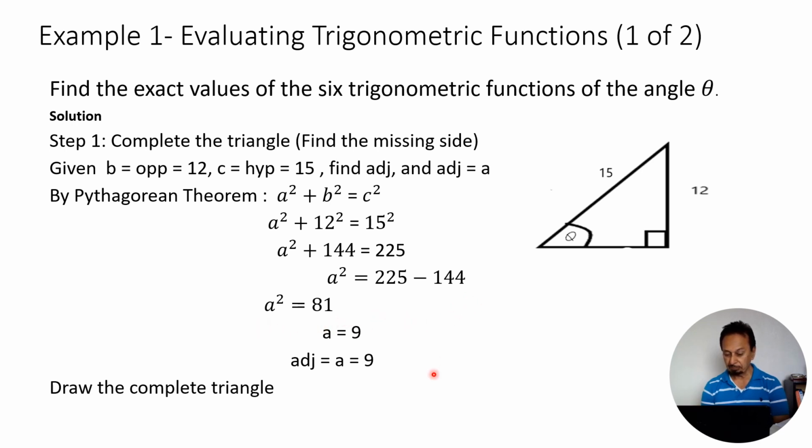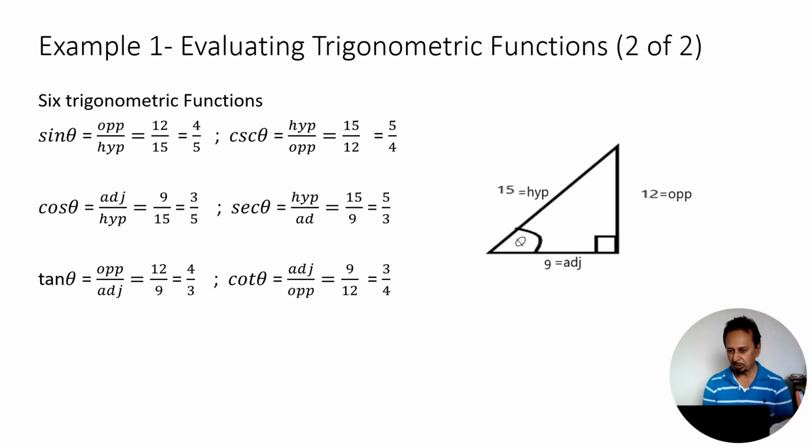So A squared is 81, so A would be the square root of 81, which is 9. So the adjacent side A is 9. Now we complete this triangle and redraw. So now we have a completed triangle.